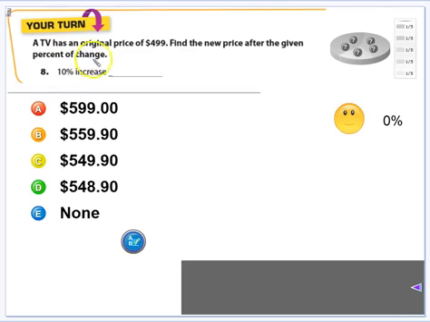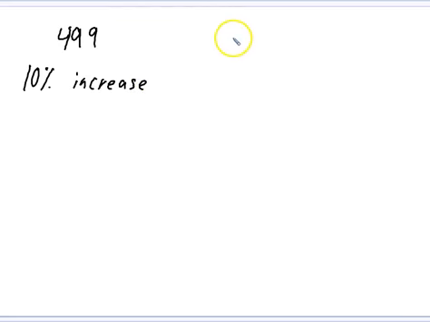So a TV has an original price of $4.99. Find the new price after the given percent of change. So $4.99 with a 10% increase. I'm going to do $4.99 times 0.1.